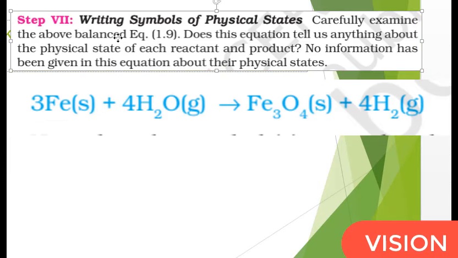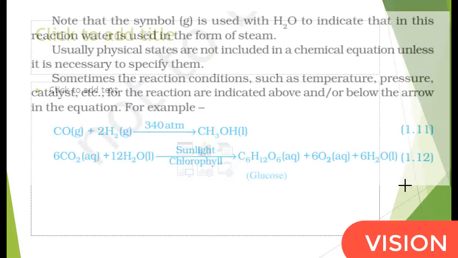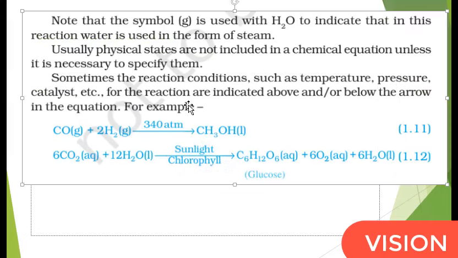Normally we have the 3 states, gas, liquid, solid, that we have to mention. And after that, there are other methods: under the molecule we can write the name of the molecule, and the temperature, atmosphere and catalyst can be added above and below the equation.